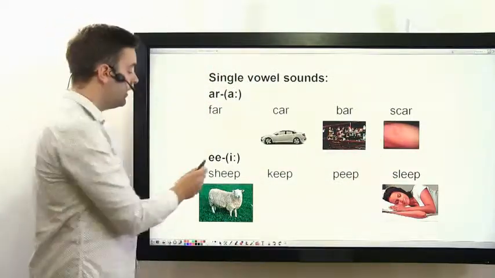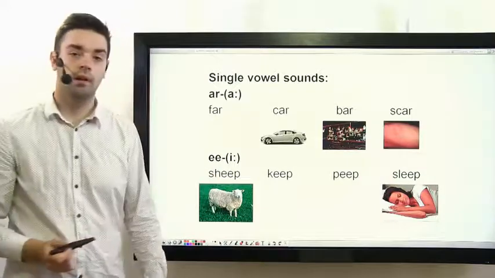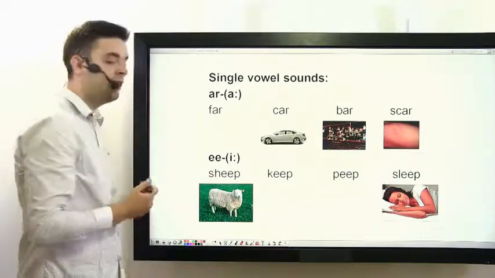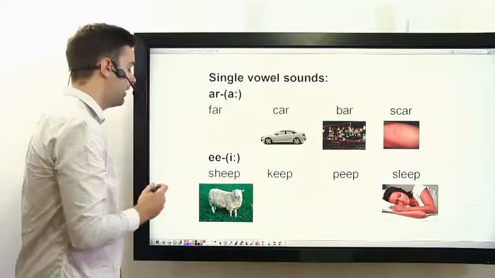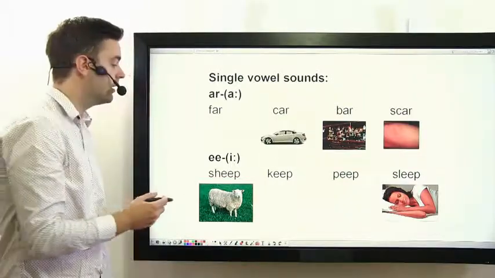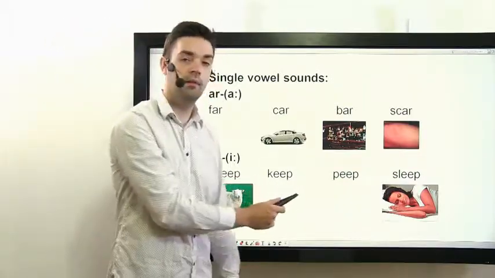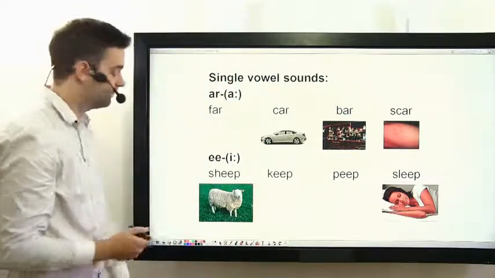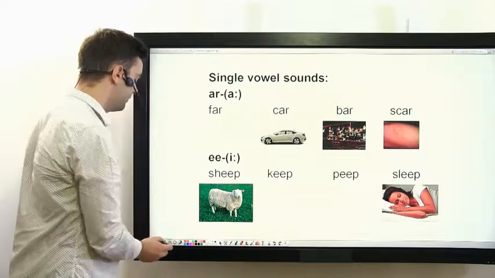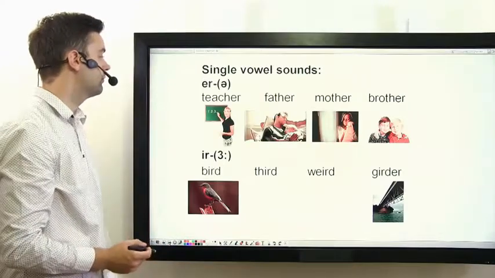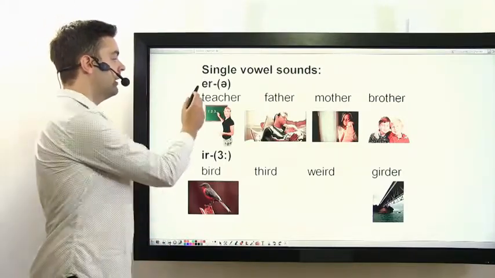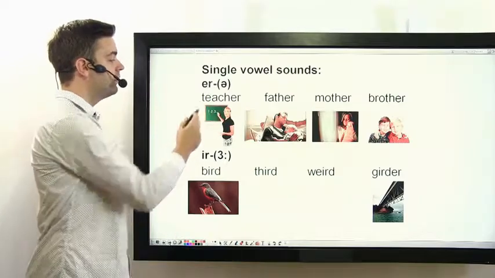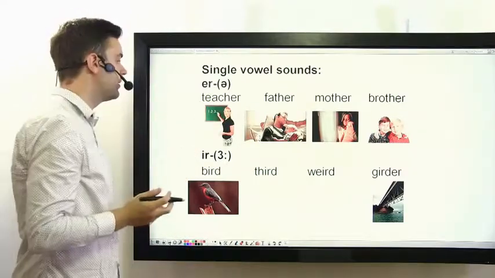When we join E and E, we get an E noise. So sheep, keep, peep, and sleep. When we join E and R, we get an er noise.